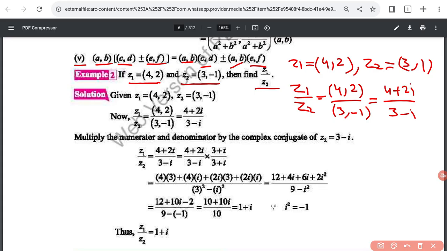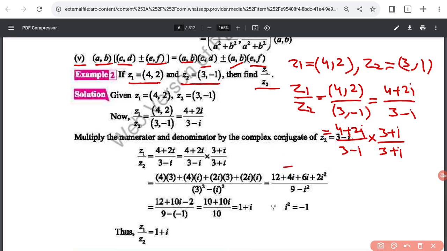So here we have 4 plus 2 iota over 3 minus iota. The conjugate of 3 minus iota is 3 plus iota. Then we multiply these numbers by each other.